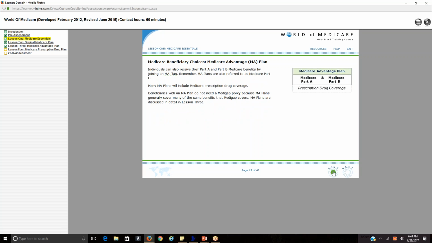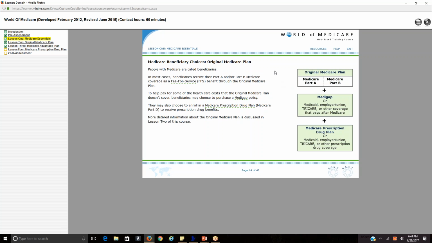But if you give yourself full coverage like this, with a Medigap plan and a Medicare prescription drug plan, other than the prescription drug coinsurance or copay amounts, you're pretty much going to not have any out-of-pocket costs for Medicare-approved services.